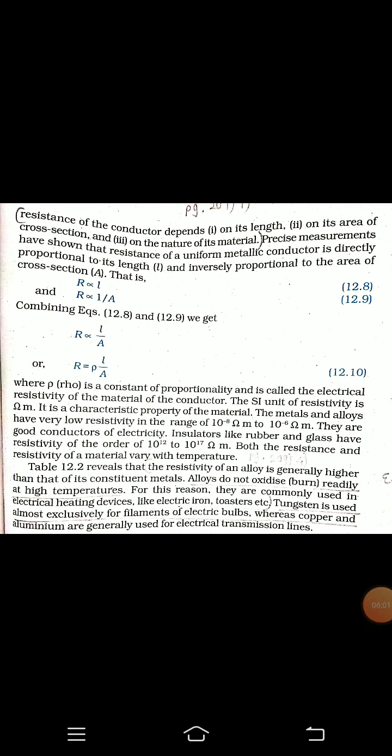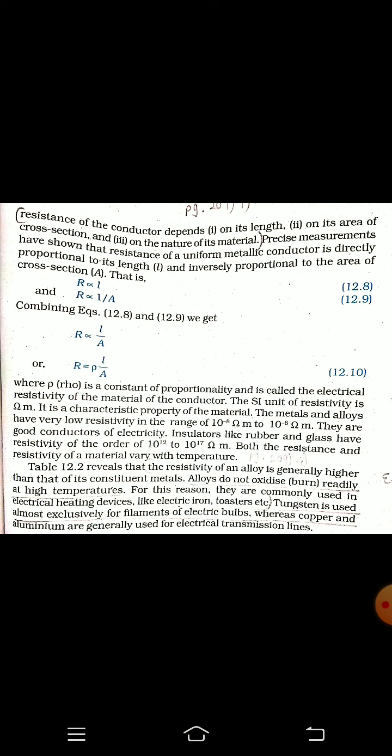Now, what is this area of cross section of a wire? I'm sure you have heard the word cross section. The area of cross section of a wire is this: when you cut a wire widthwise, at the end of the wire we can see a circular structure.